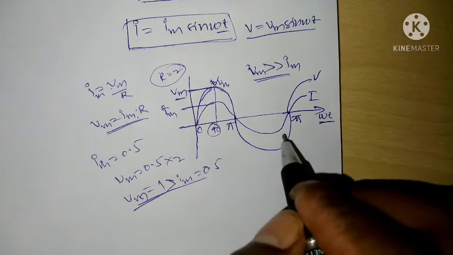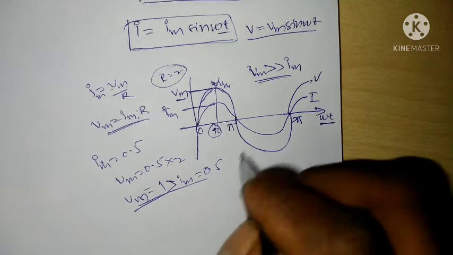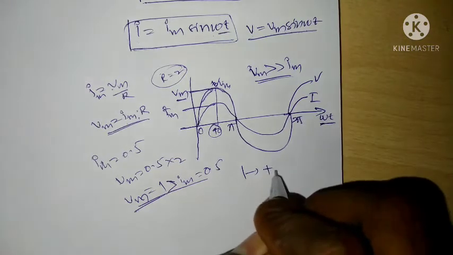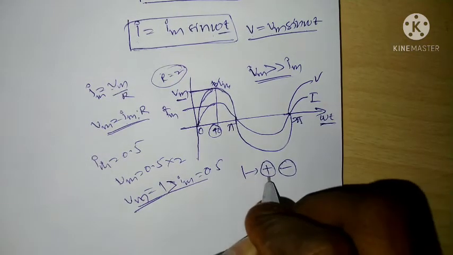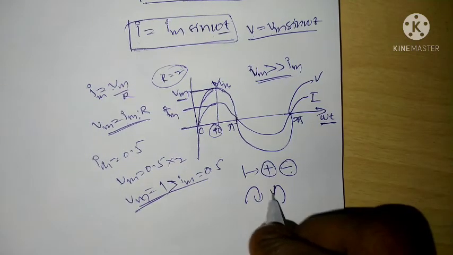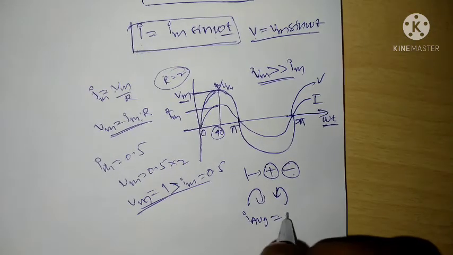In the previous chapter on the AC generator, for every cycle of rotation the polarity changes, positive or negative, like this or like this. The average current will be 0.